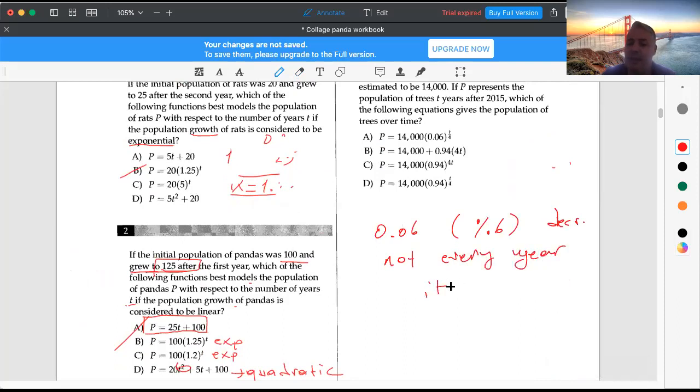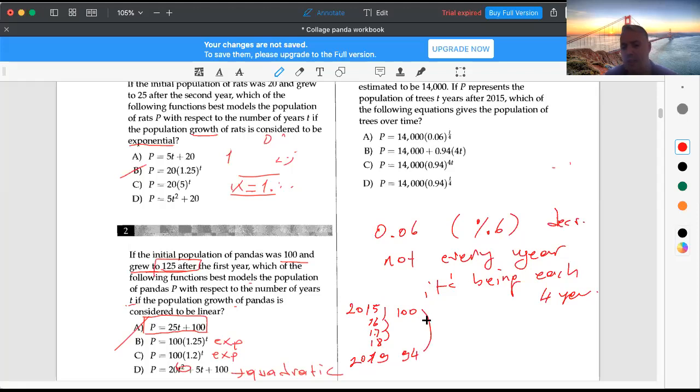It is happening each 4 years. For example, 2014, 2015, 2016, 17, 18, nothing, but 2019, so it was, let's say 100, but now it is 94.